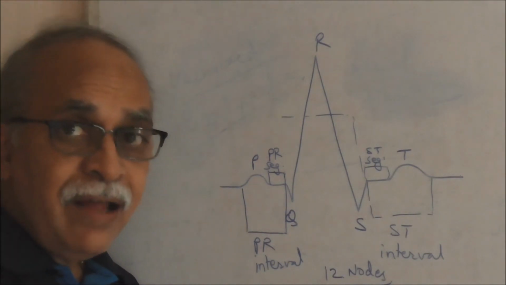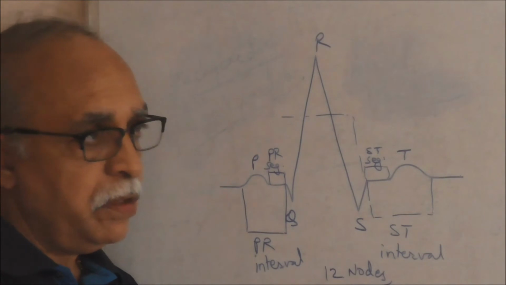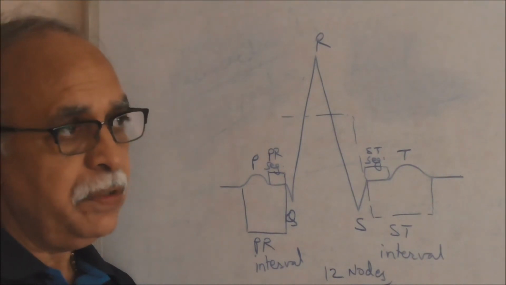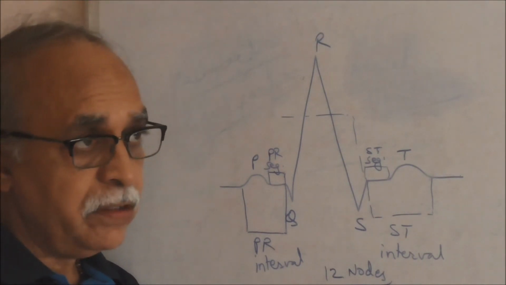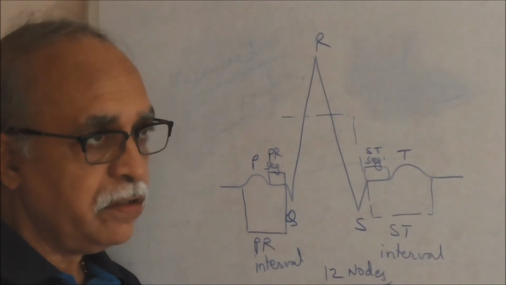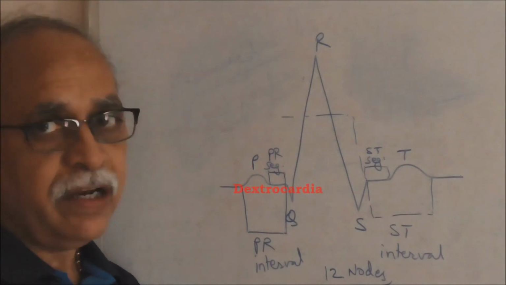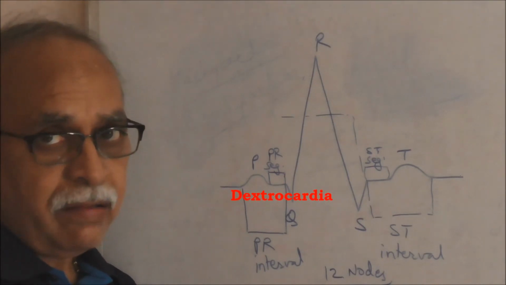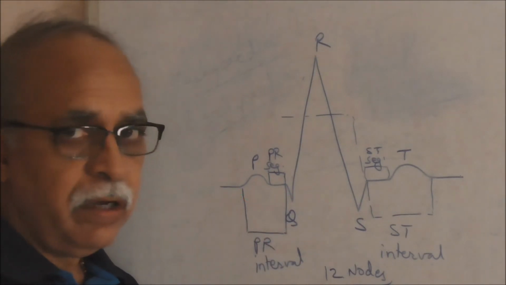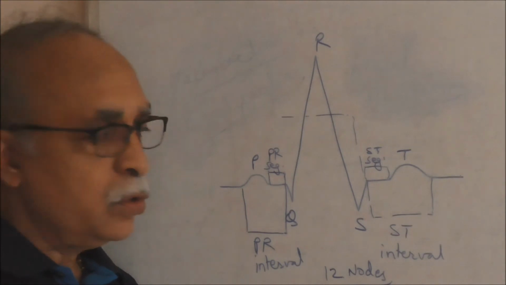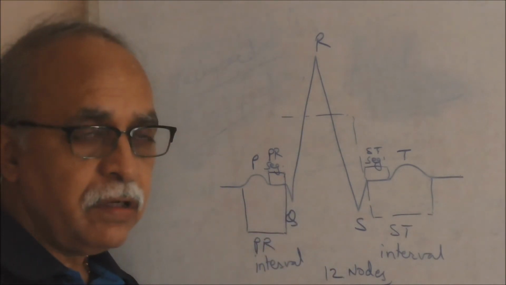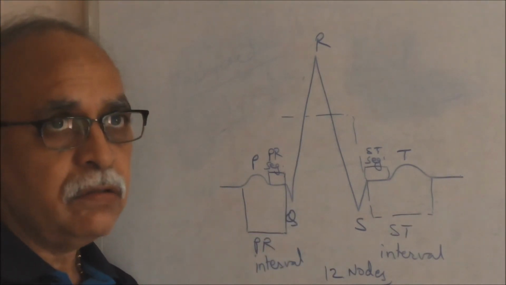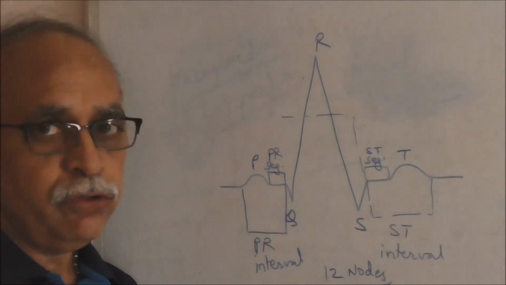Certain congenital heart diseases, that could be some valvular disease, there could be some other abnormalities, even sometimes the heart, instead of being majorly on the left side, is on the right side. That's called dextrocardia. That also can be detected by electrocardiogram. So this can help us in detecting so many abnormalities related to the structure and morphology of the heart.